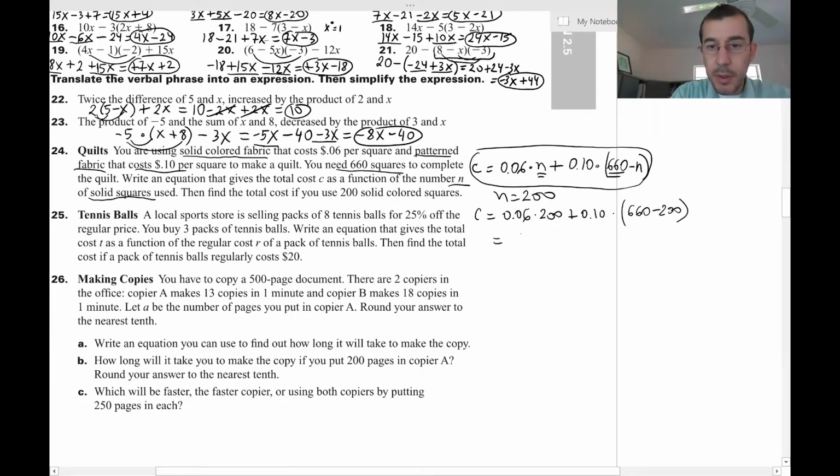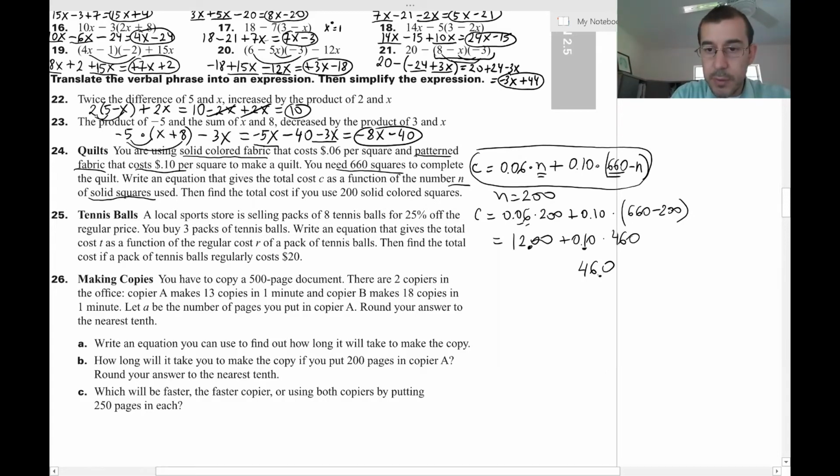6 times 200, that's 1200, and then 2 decimals, so this is just 12. And then plus 0.10 times 660 minus 200, that's 460. So 460 times 1 is 460, but then there's one decimal here, right? 0.1.